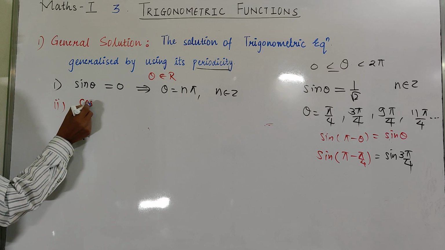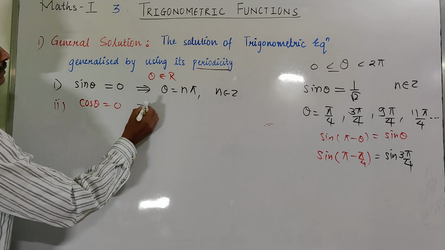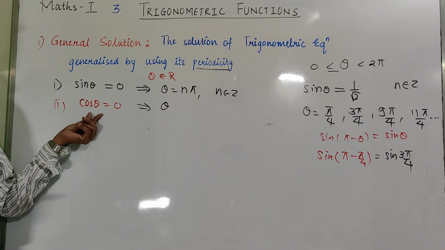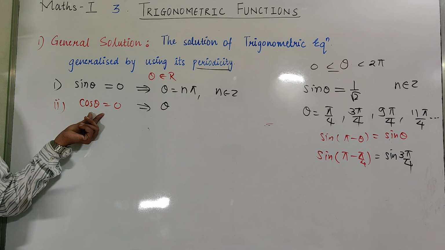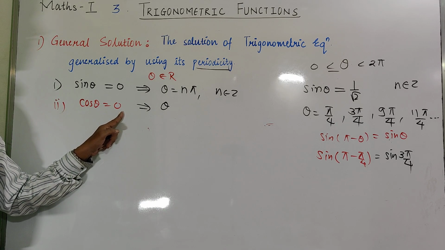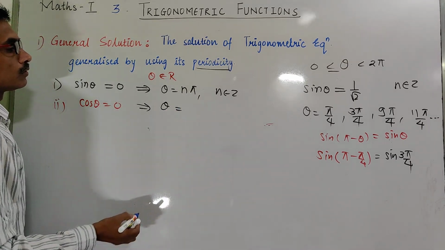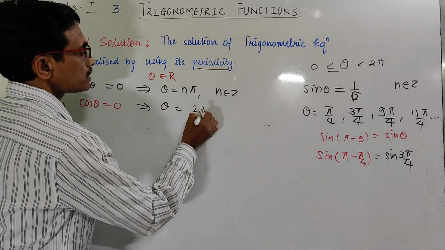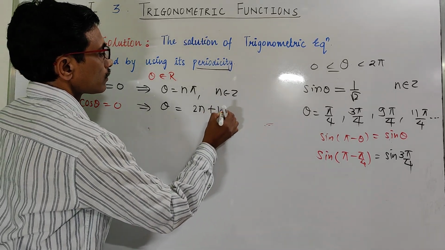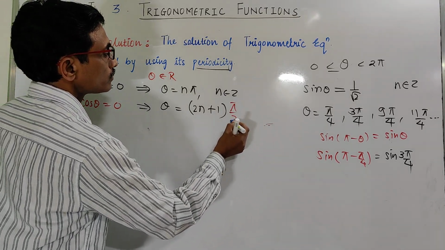Now another, cos theta is equal to 0. This trigonometric equation will have the solution theta equal to odd multiples of pi by 2, that is cos of pi by 2, cos of 3 pi by 2, cos of 5 pi by 2. For odd multiples of pi by 2, cos is 0. Therefore theta is equal to an odd multiple of pi by 2.